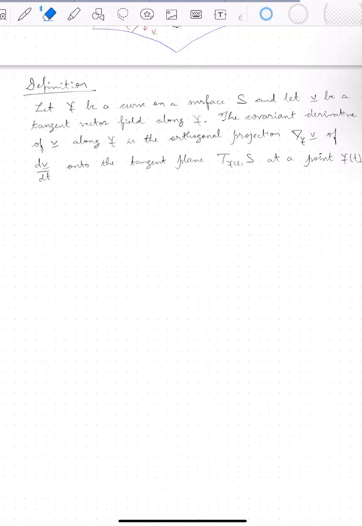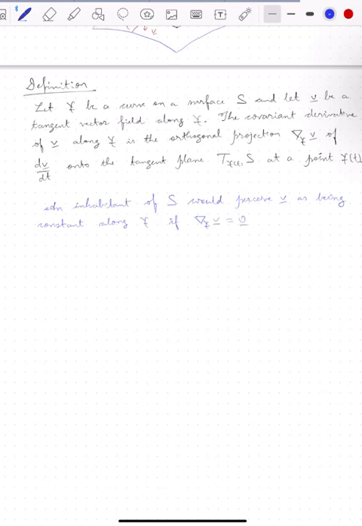Now we have an observation here that an inhabitant, in this case the rider of the surface S, would perceive V vector as being constant along gamma vector if grad of gamma vector of V vector with respect to gamma is equal to 0.